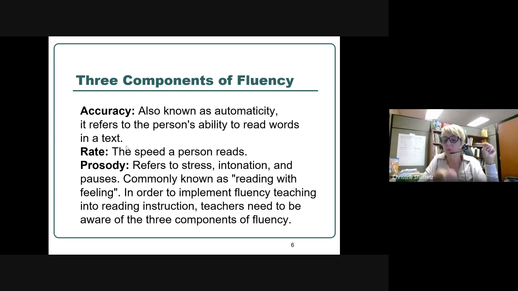We don't want a student to read too fast, but we don't want them to read too slow. And then prosody, that has to do with intonation, stress, the feeling that a student conveys. So those are the three aspects. This week, when you're doing your discussion board and you're listening to the students read, I want you to think about accuracy, rate, and prosody.